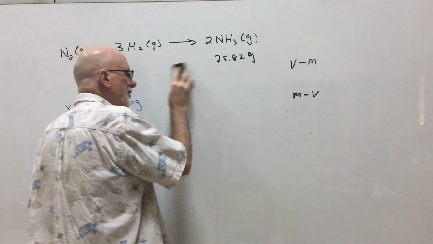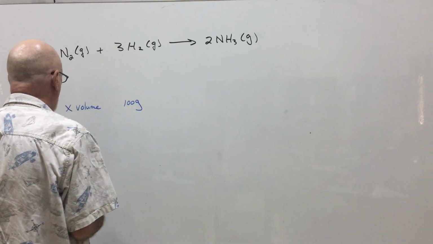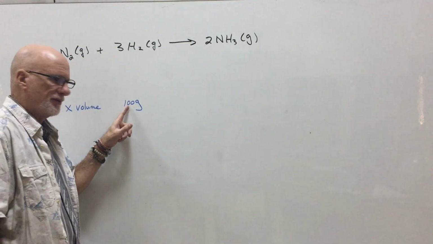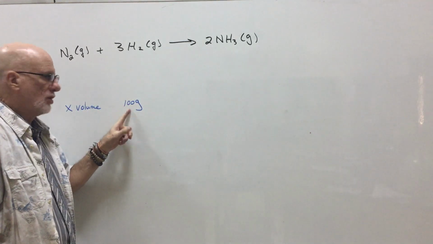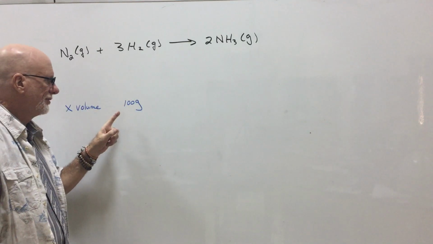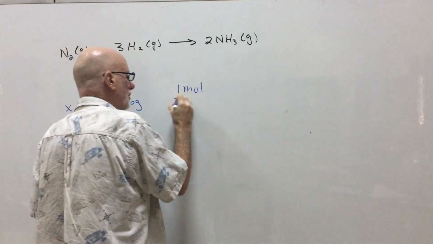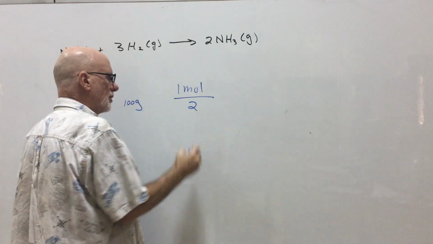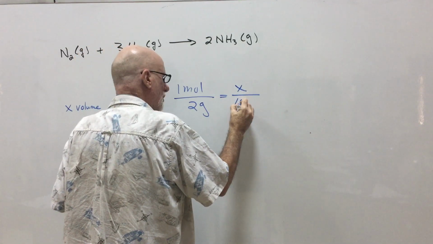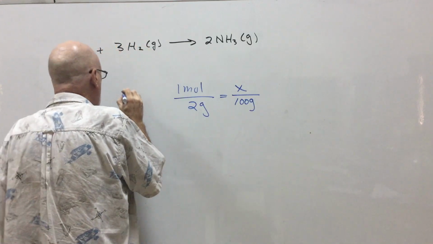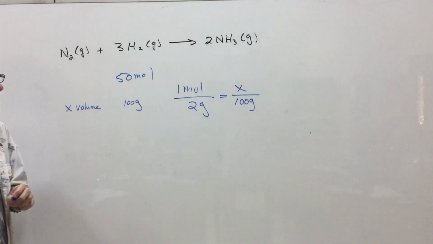I'm going to erase that. And I'm left with this. 100 grams of this, what volume? So let's convert that to moles. 100 grams, so we know that 1 mole of that is 2 grams, right? So how many moles over 100 grams? So that's 50 moles, right? 50 moles.